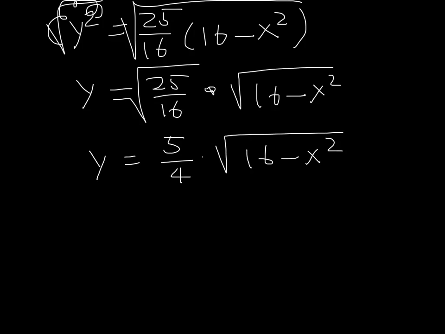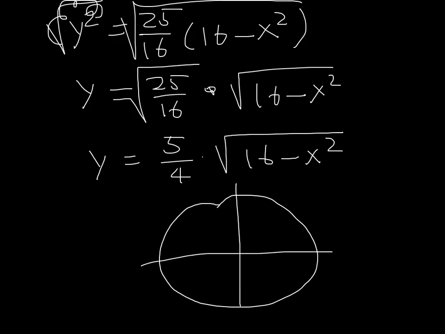What I mean by the portion is that we have an ellipse, and we know that some major points are here at 0, 0.